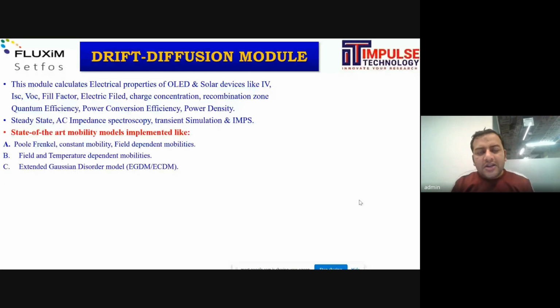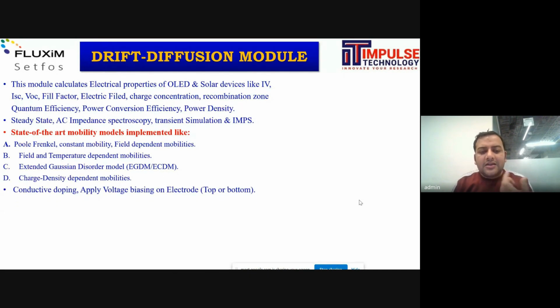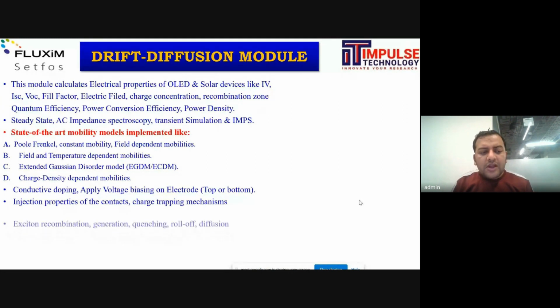It contains a state-of-the-art mobility model, constant mobility model, and organic mobility model. So electron and hole mobility can be defined as a parameter while modeling the structure. Poole-Frenkel, field dependent, time dependent, temperature dependent, and other state-of-the-art mobility models are there, like extended Gaussian type disorder and correlated type disorder mobility models, including conductive doping and charge trapping.